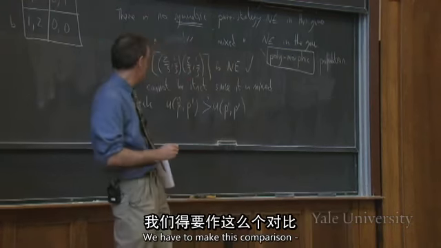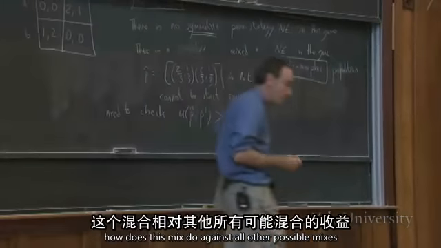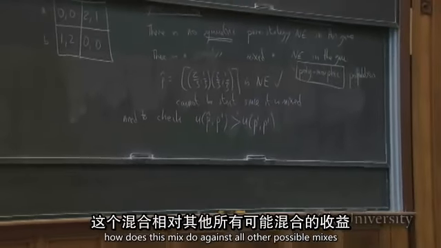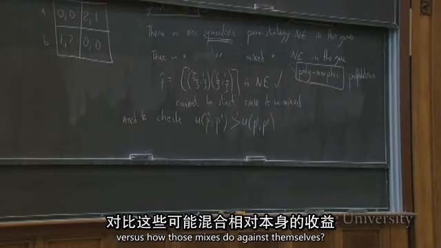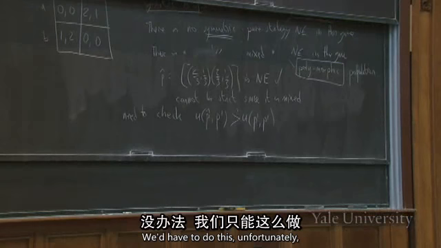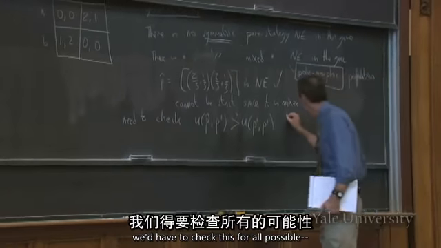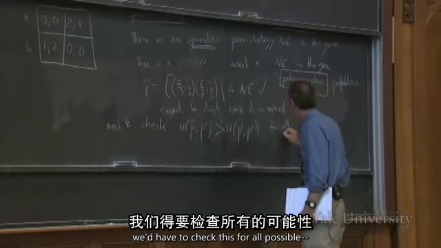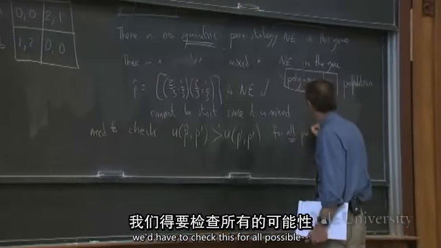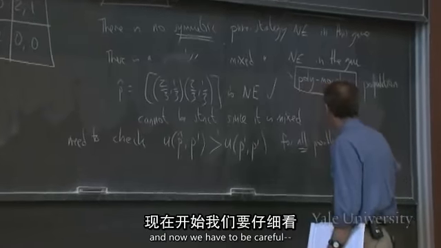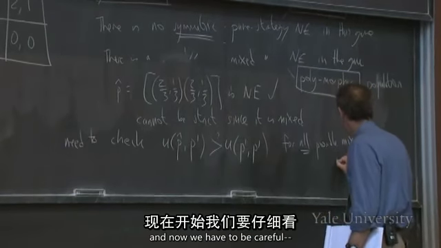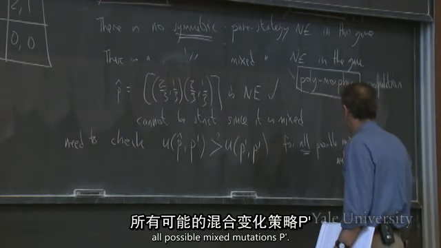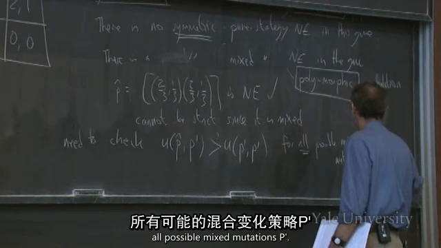We have to make this comparison. How does this mix do against all other possible mixes versus how those mixes do against themselves? And unfortunately, we'd have to check this for all possible, and now we have to be careful, all possible mixed mutations P prime.